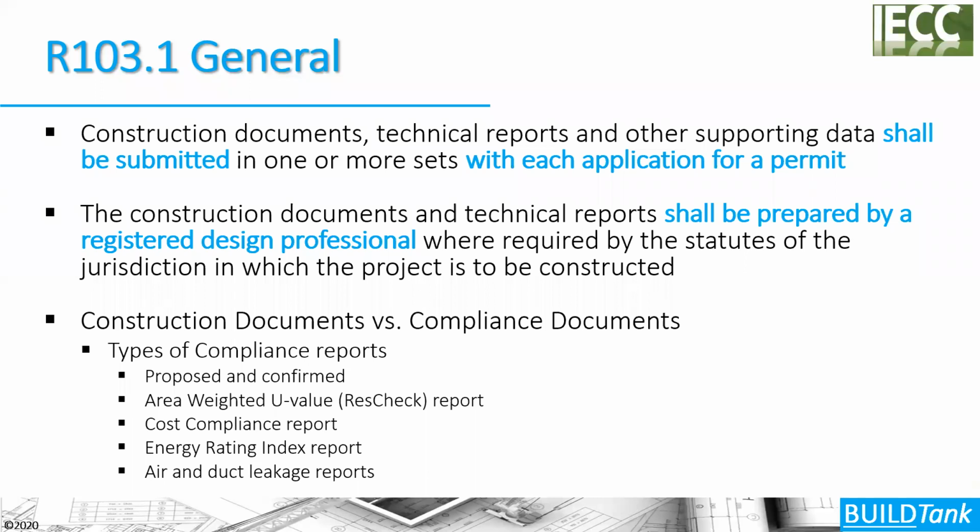And it turns out that a lot of registered design professionals don't want to create that design document. So we're seeing a lot of third parties create these compliance documents, or these documents that are needed for permitting and also for certificates of occupancy.